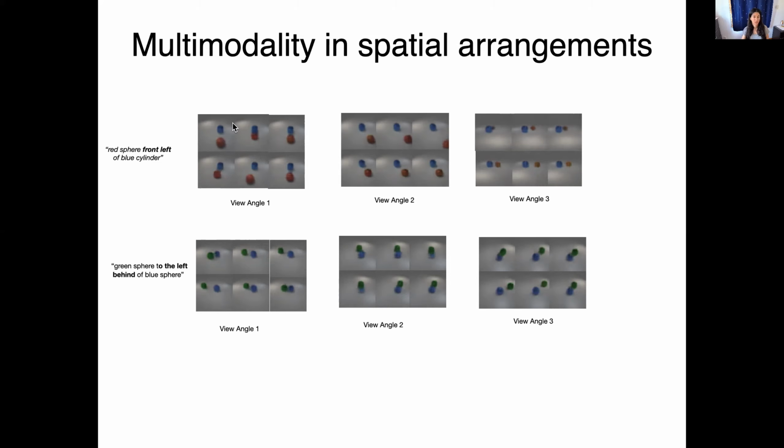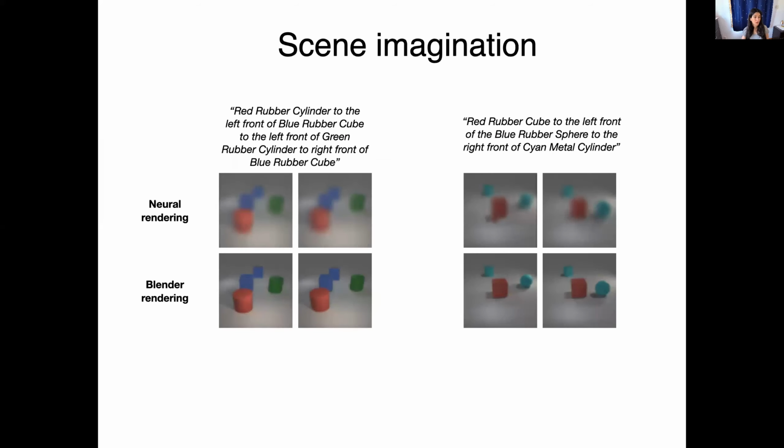Each spatial expression has a canonical viewpoint from where it is computed, but because you can see the 3D feature map from any viewpoint, you can render it from any viewpoint that you like. Here are again different instantiations of left behind, for the green sphere to be left behind the blue sphere. Now, if we have those modular generative networks, you can give me an arbitrarily long expression, like what you see here, and I'll generate the corresponding scene for you.